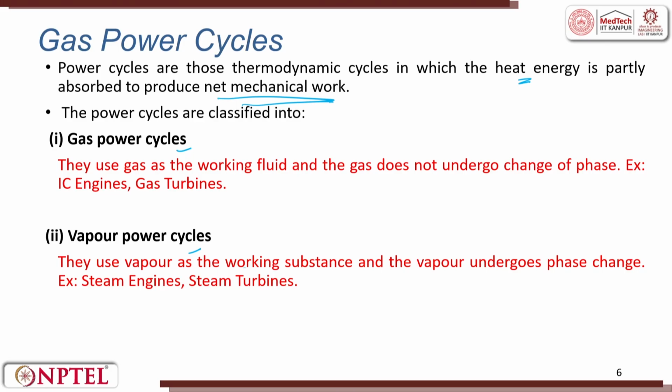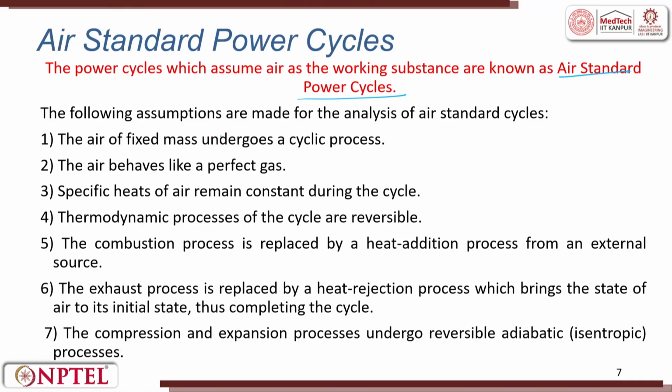In the gaseous cycle, we use gas as a fluid, where there is no phase change. Of course, if you go to a very low temperature, then it can become a liquid. So, the power cycle which assumes air as the working substance is known as the air standard power cycle.